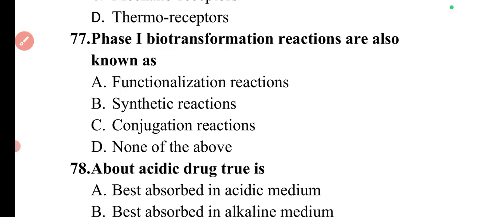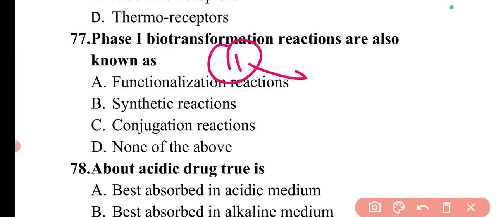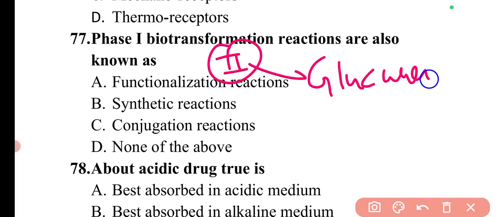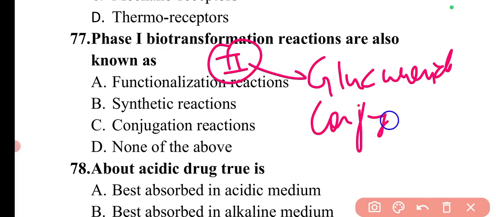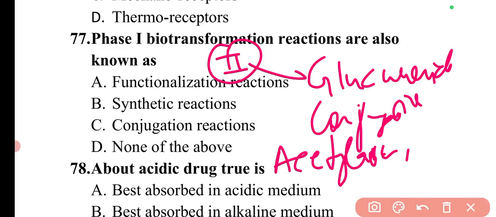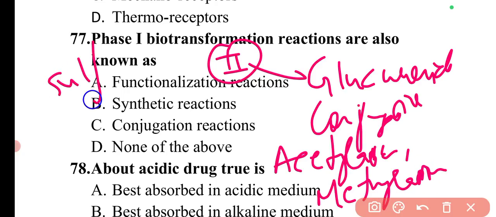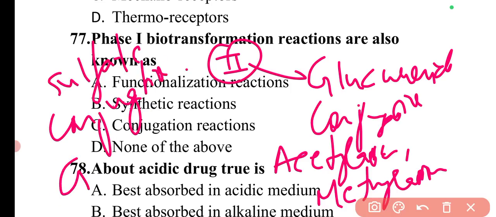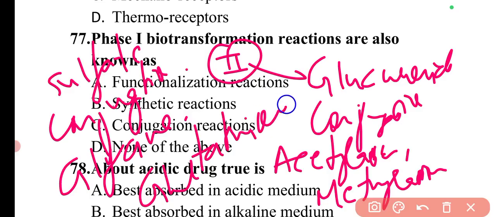And in this phase 2 reaction, there can be several examples. For example, glucuronide conjugation, there can be acetylation, there can be methylation, there can be sulfate conjugation, there can be glycine conjugation, there can be glutathione conjugation, there can be nucleoside reactions, ribonucleoside reactions.